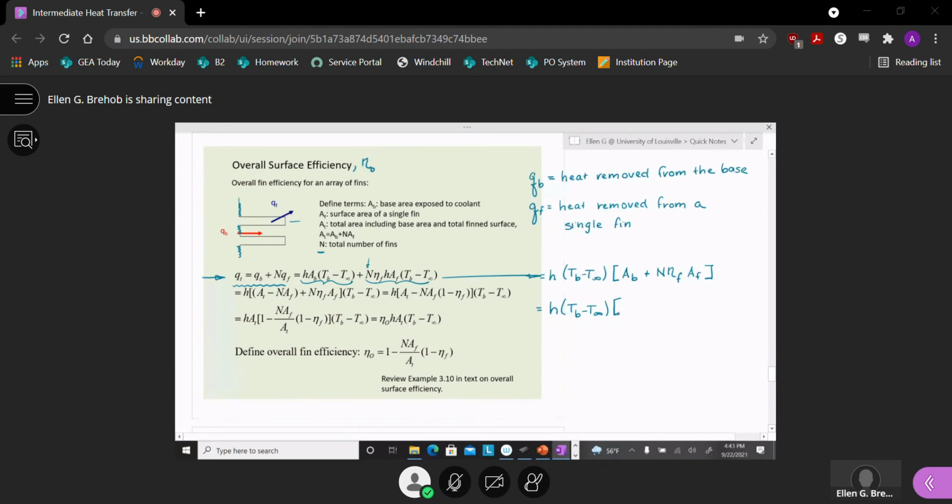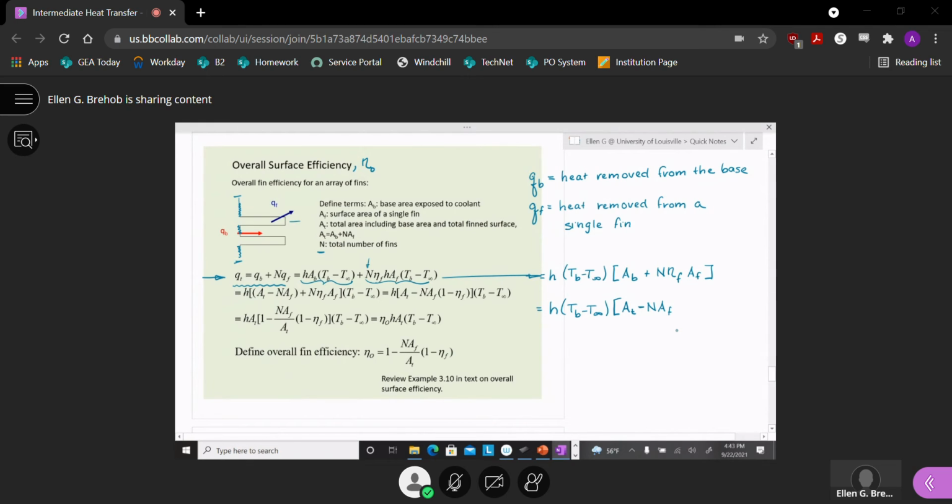Okay, we're going to expand out the base area. It's going to be the total area. So if I had this finned surface, I'm looking at all of the outer dimensions of this, and I'm going to subtract off, okay, and actually I said that incorrectly.